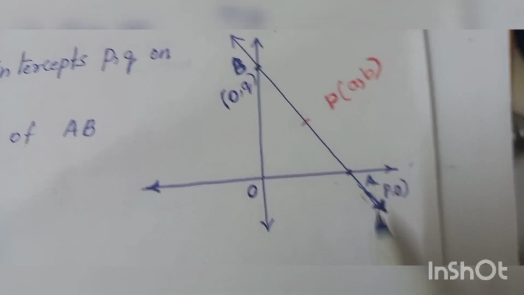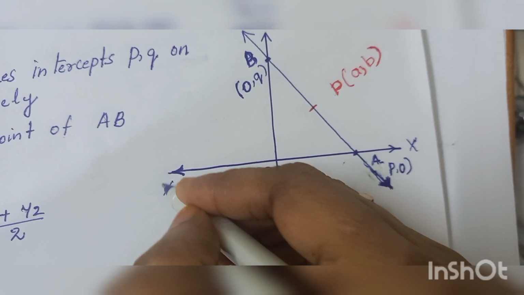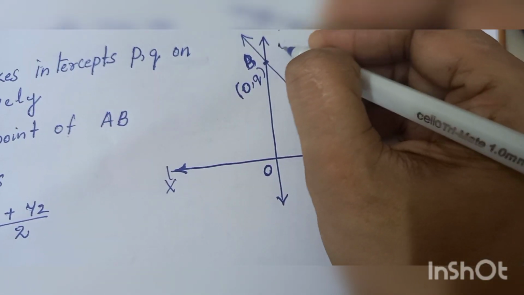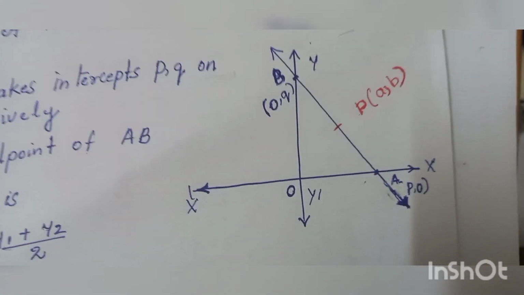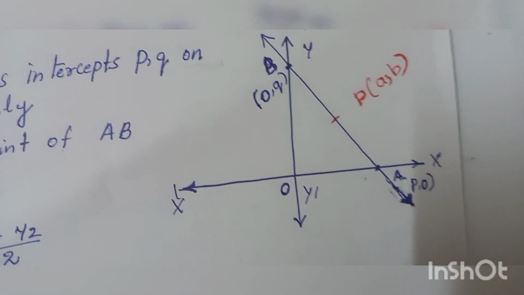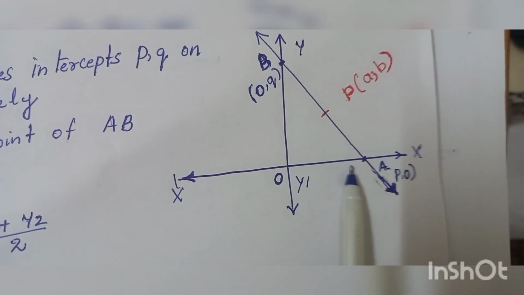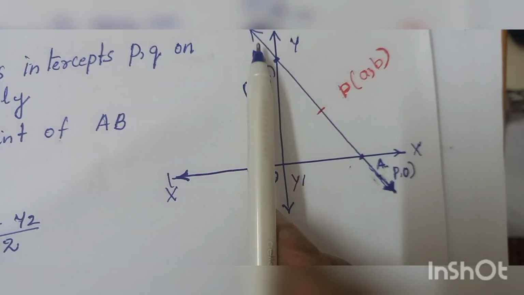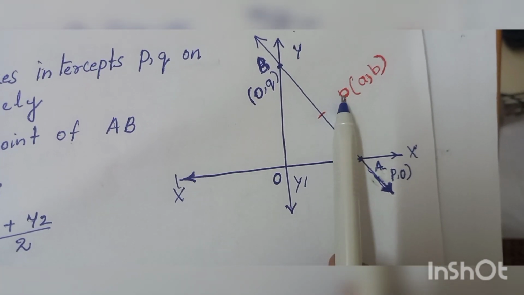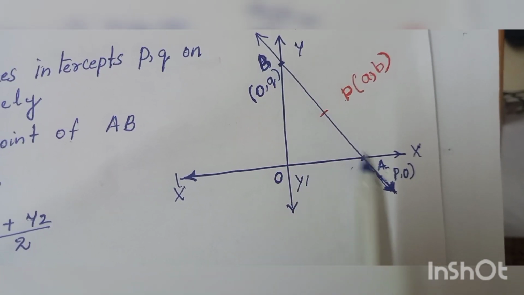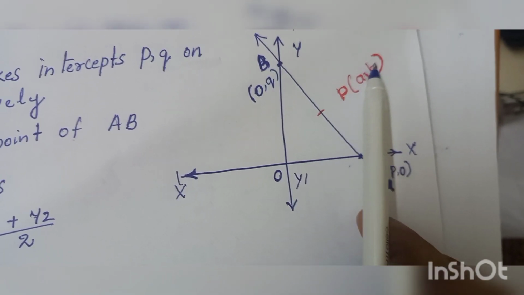This is the x-axis, this is the y-axis, and this is the line AB. The x intercept is p and the y intercept is q. The midpoint of this line segment AB is P of AB.